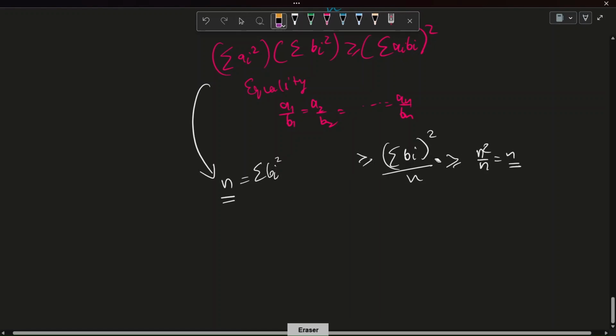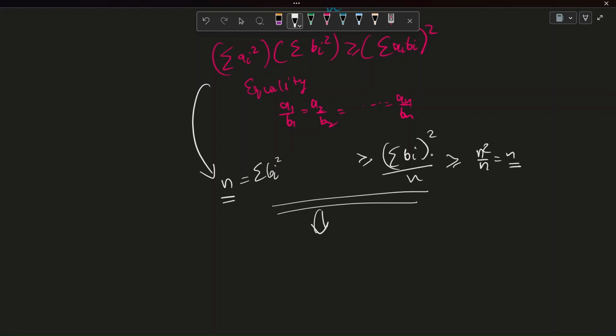Otherwise, these two can't be equal. This number and this number can't be equal if any of them is a strict inequality. So we get equality in both of them.